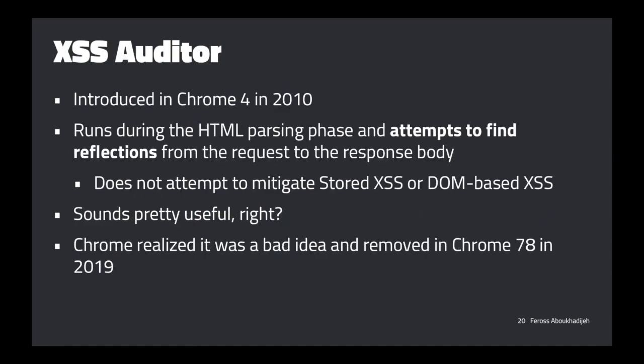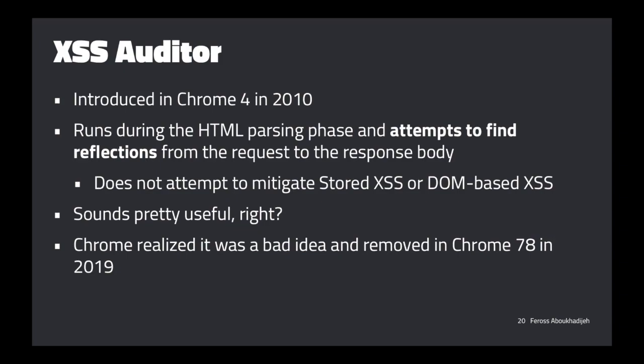OK, so here's a really cool idea. Chrome was like, OK, XSS is a huge problem. Everybody keeps making XSS vulnerabilities in their websites, and almost everyone's vulnerable. So what if we could just help everybody out, just make it go away? They had this awesome idea: when we load a page and we're parsing the HTML, if we notice that there's something in the URL that matches something in the page, then maybe that was a reflected XSS.